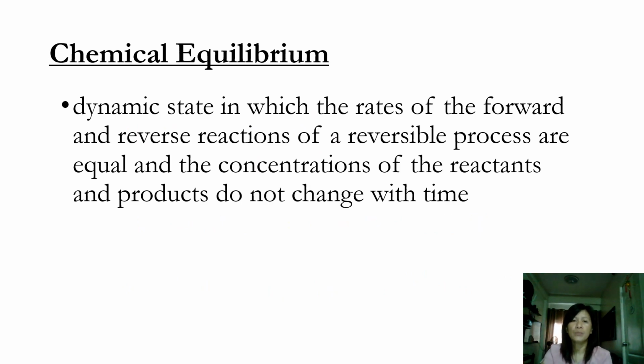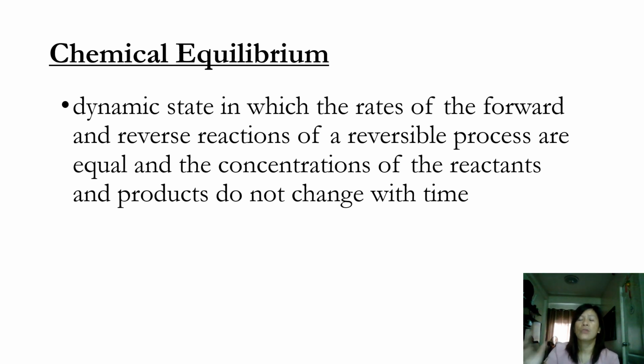A chemical equilibrium is a dynamic state in which the rates of the forward and reverse reactions of a reversible reaction or process are equal and the concentrations of the reactants and products no longer change over time. So chemical equilibrium is a state of a chemical reaction wherein the forward reaction occurs at the same rate as the backward reaction. So a chemical equilibrium is associated with reversible processes or reactions.